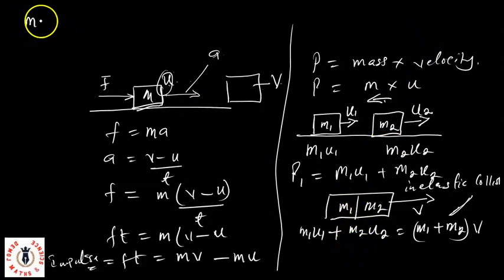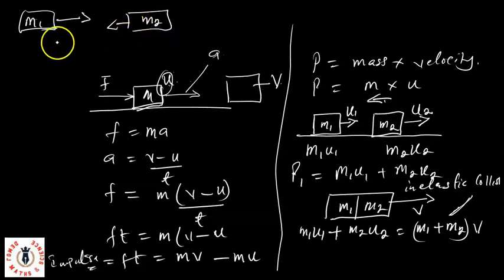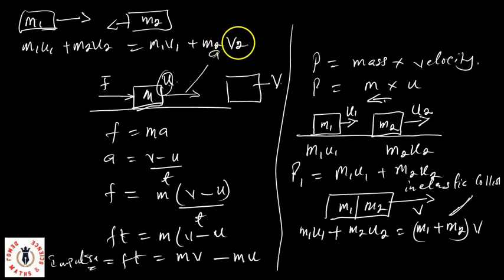But if the two bodies m1 and m2 do not move together, then we say the collision is an elastic collision. For an elastic collision, m1 u1 plus m2 u2 will be the same as m1 v1 plus m2 v2.